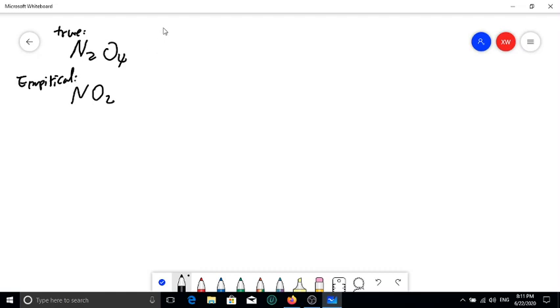Now we all know that the molecular weight is directly determined by the formula. So the molecular weight of N2O4 is going to be 2 nitrogens plus 4 oxygens, which is about 92.04 grams per mole. We can calculate the molecular weight of NO2.